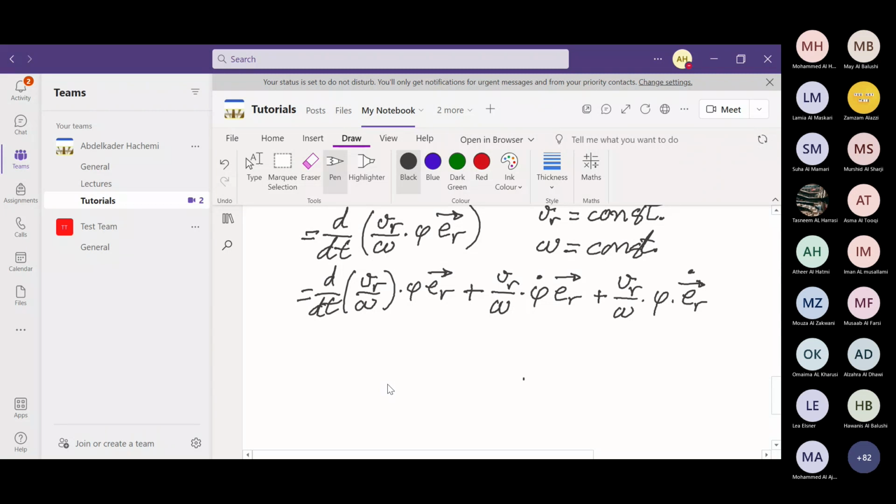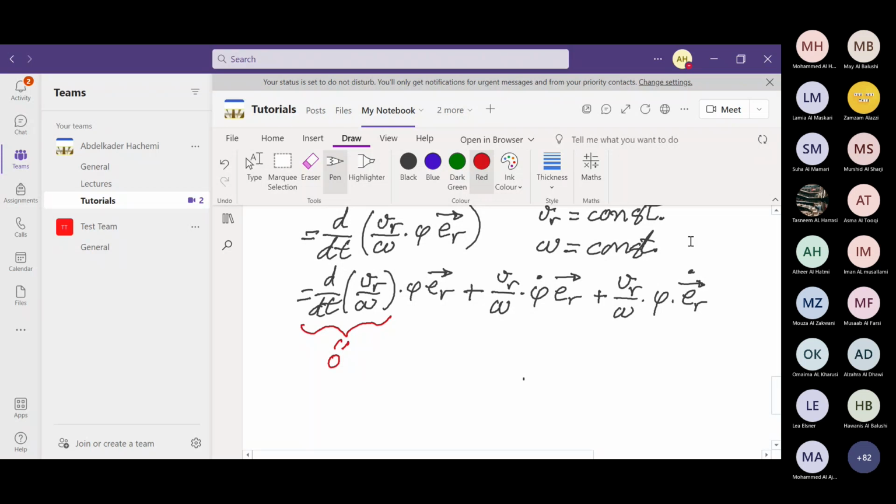Then as we said, we have the product of three terms. When we make the time derivative, we take the first part here. As VR is constant and omega is constant, this is equal to 0 because it's time independent.